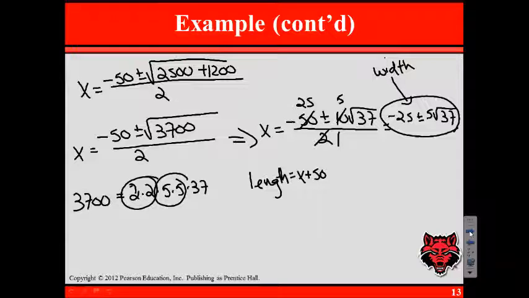And so we are only concerned with the plus sign. We're not going to use the minus sign in the answer. So we plug the expression that did work into the expression for the length. So x is negative 25 plus 5 square root 37, plus 50. We combine like terms, the 50 and negative 25, and we get positive 25 plus 5 square root 37.